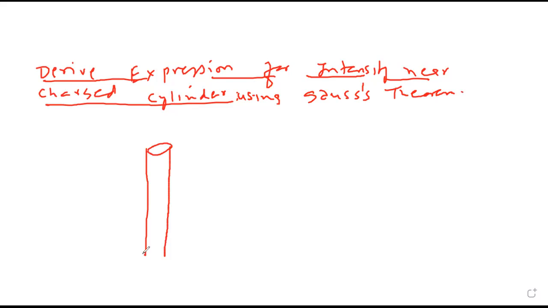Draw cylinder AB having radius capital R to be charged uniformly with positive charge having linear charge density lambda. Please copy this much.